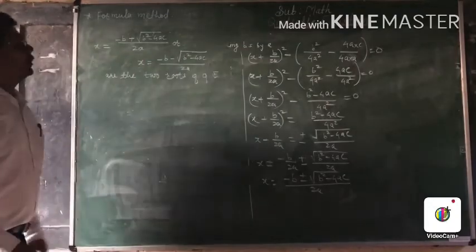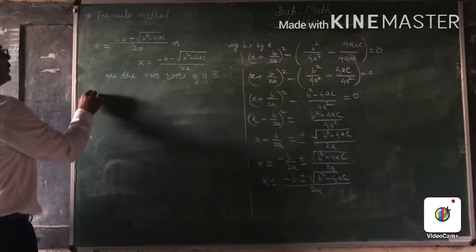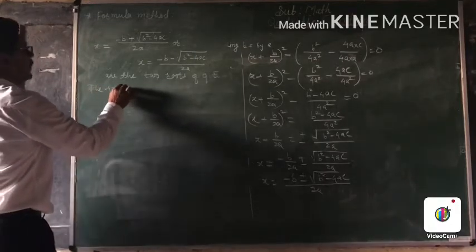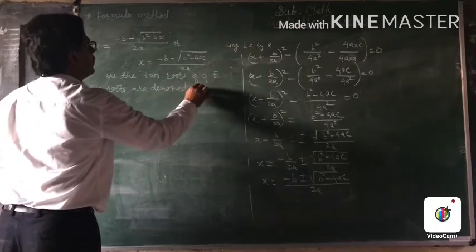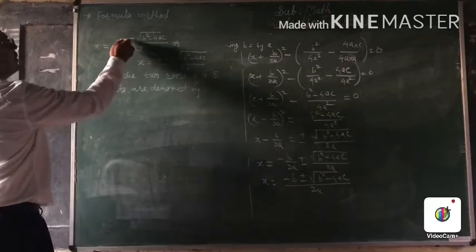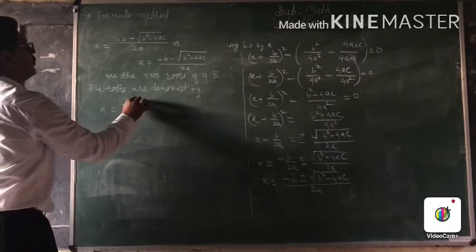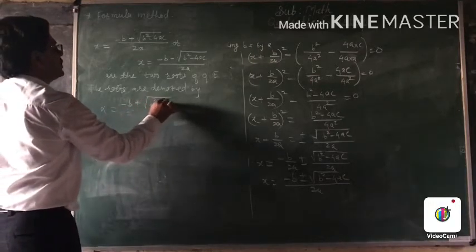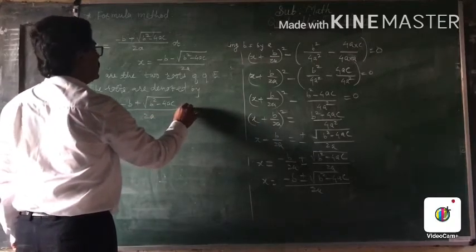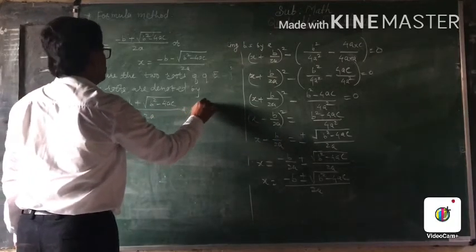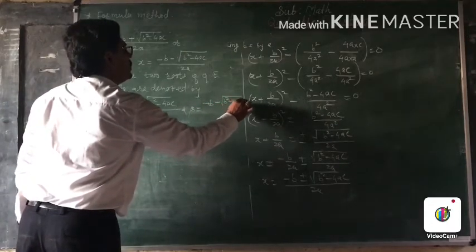Now these two roots are denoted by alpha and beta. The first value, the plus value, is denoted by alpha. Alpha is equal to minus b plus root b square minus 4ac upon 2a, and beta is equal to minus b minus root b square minus 4ac upon 2a.